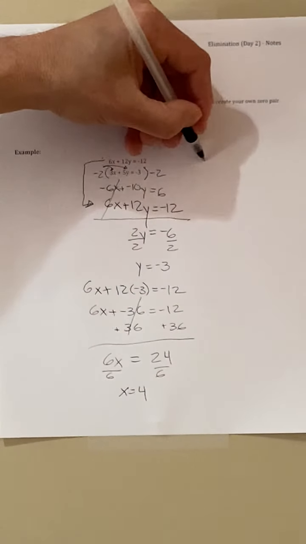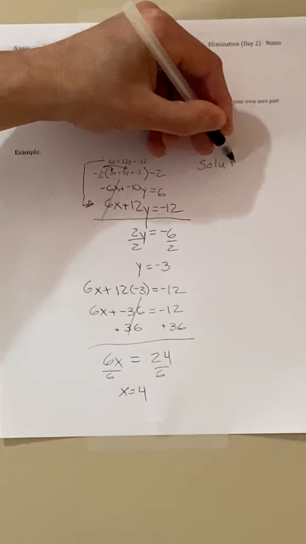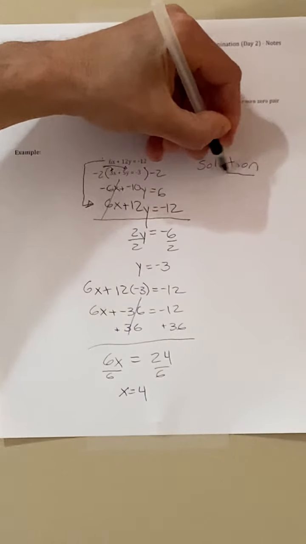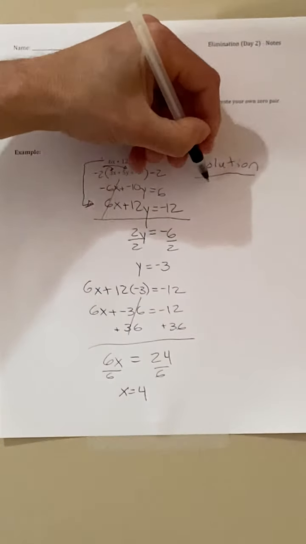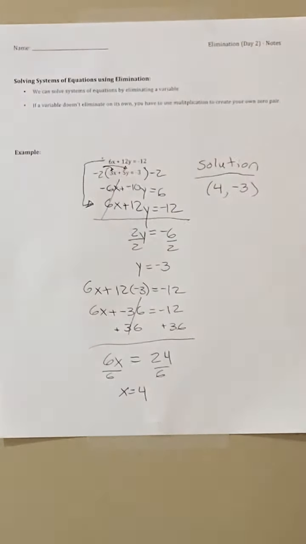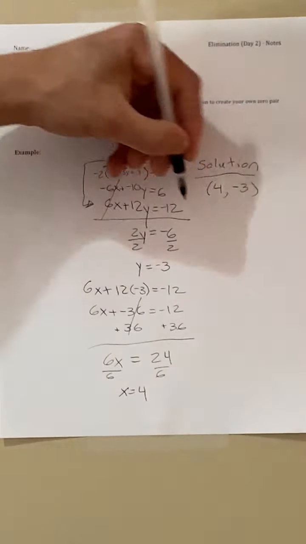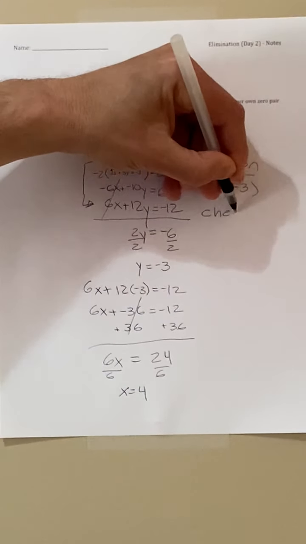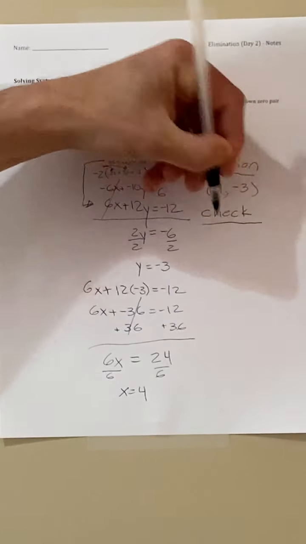Okay. So my solution is 4, negative 3. Final step, which we always do in systems of equations, is to check my answer in both equations.